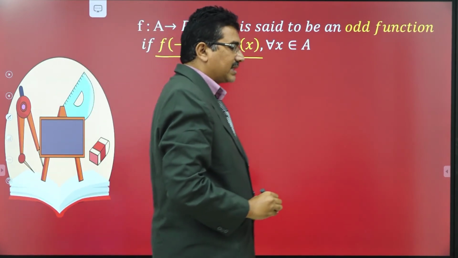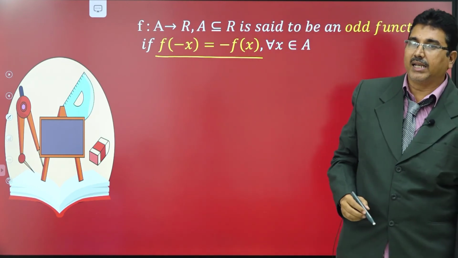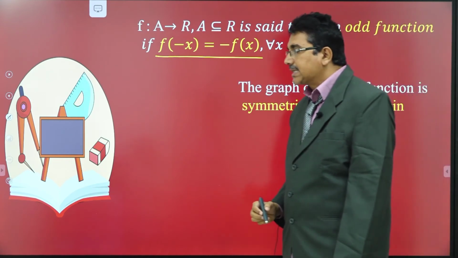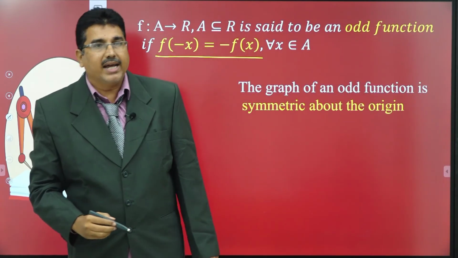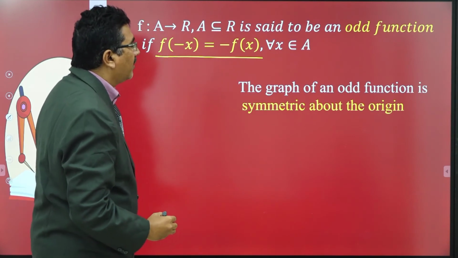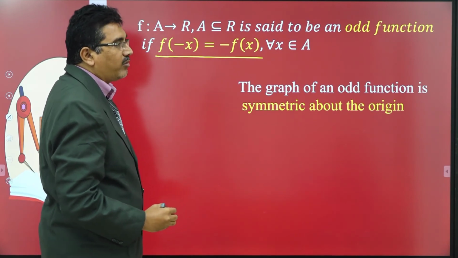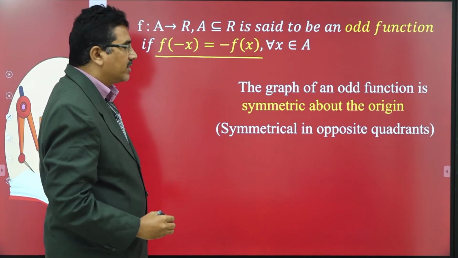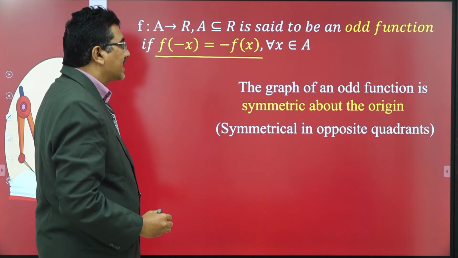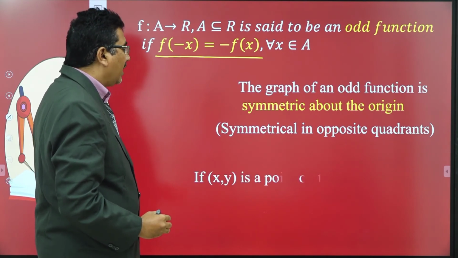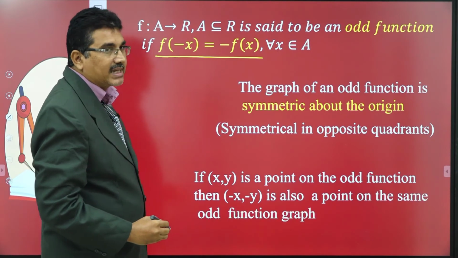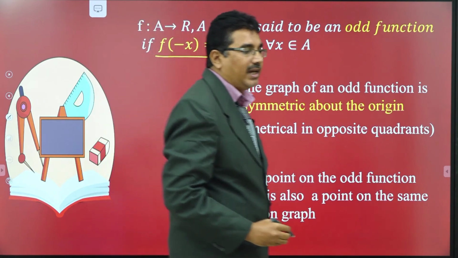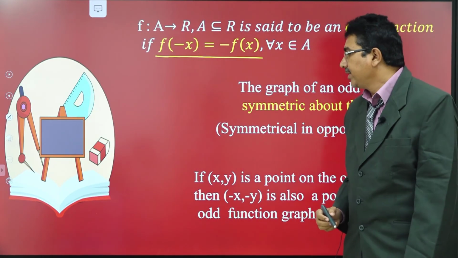The graph of an odd function is symmetric about the origin, that is, symmetric in opposite quadrants. If (x, y) lies on an odd function, then (minus x, minus y) is also a point on the same odd function graph.